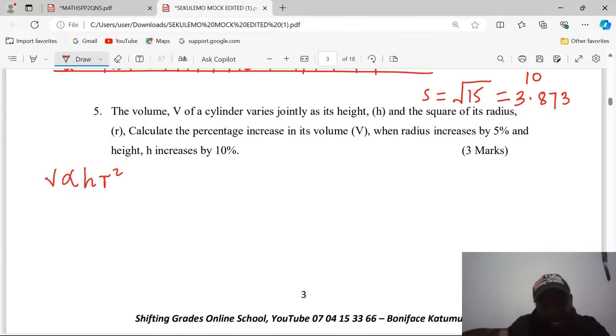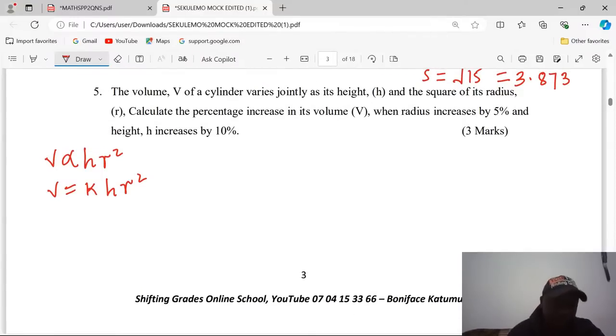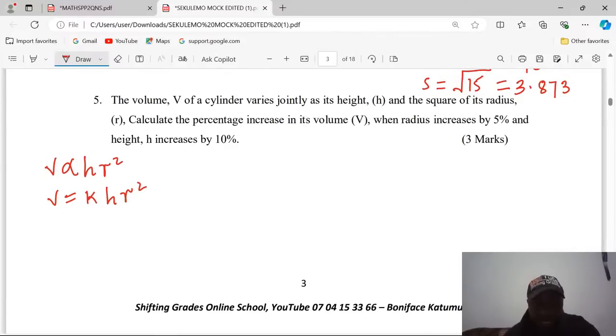We can introduce a constant and say V equals a constant multiplied by h times r squared. This is the general equation connecting the three variables. Now, this is the original V. We are told there is a change, and we need to calculate the percentage increase in the volume when the radius increases by 5%.